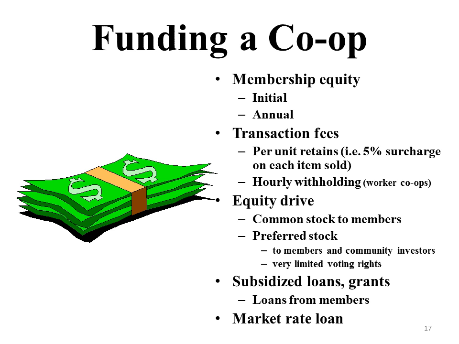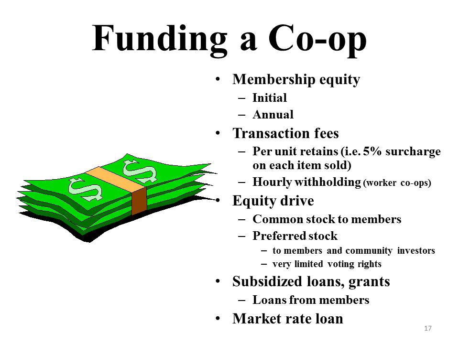With worker co-ops, it's common to have some type of hourly withholding for new members to pay their membership equity, their requirement for becoming a member owner of the business.